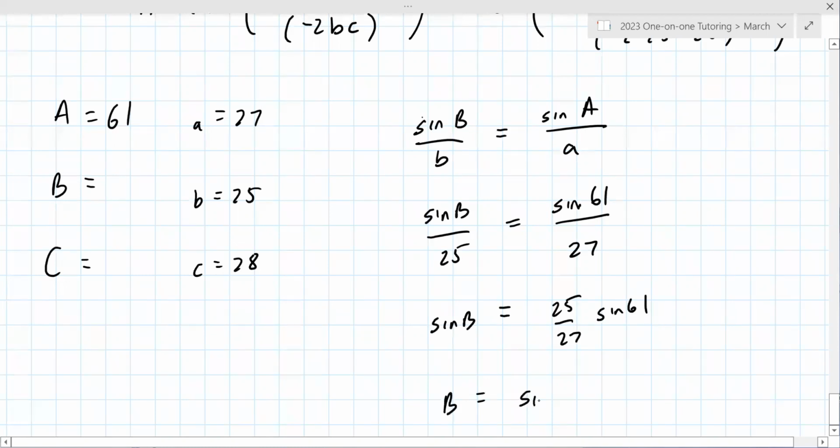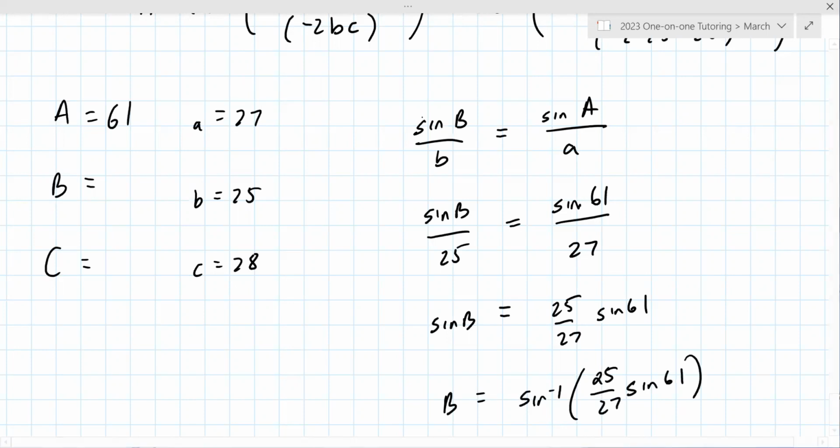And then you take a sine inverse there. You can put all that in your calculator in one step. I got 54.1. Okay, I would just call it 54.